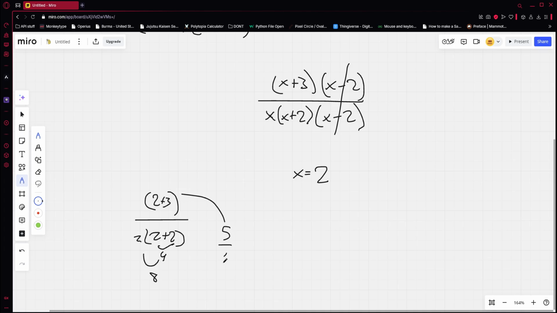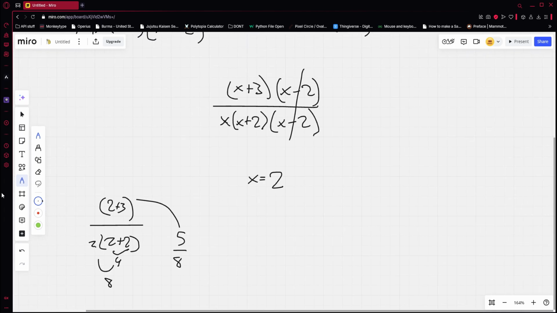So that's 5 over 8. So our hole, very simple, would just be at 2, because that's the x value we canceled out, comma, 5 over 8, because that's the y of the canceled out x after we plug it into the finished equation. That is our hole.